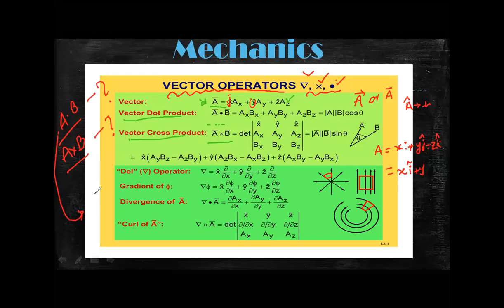Diverge means it's coming out of that. Cross product means curving. Dot product is a scalar quantity, whereas the vector cross product is a vector quantity.